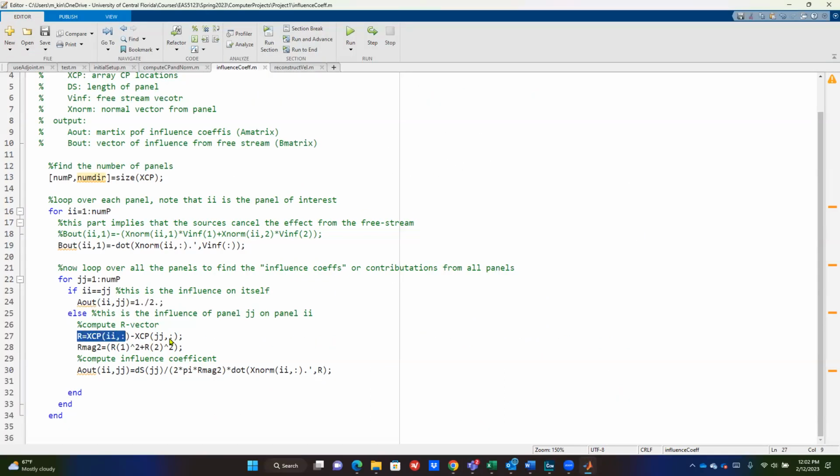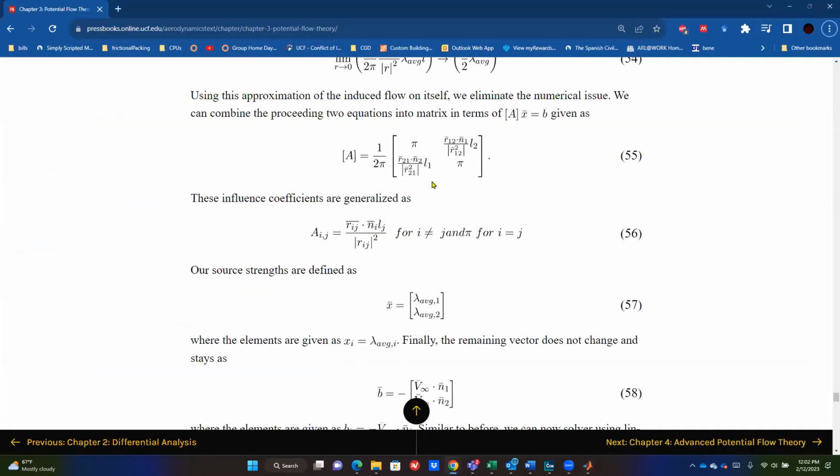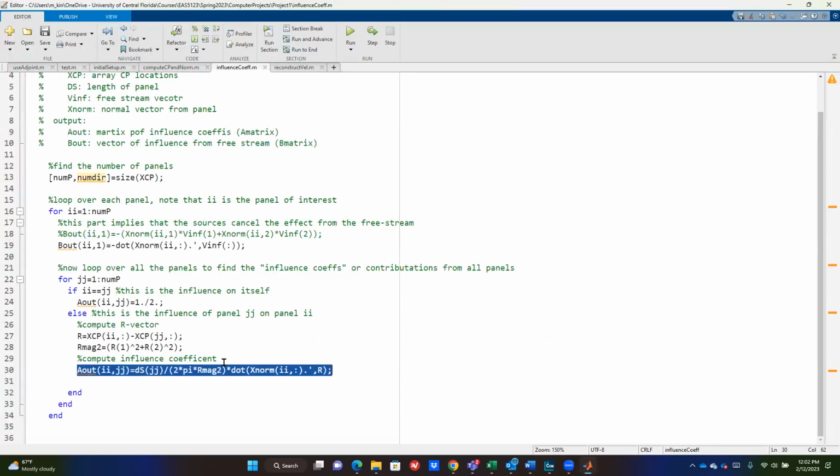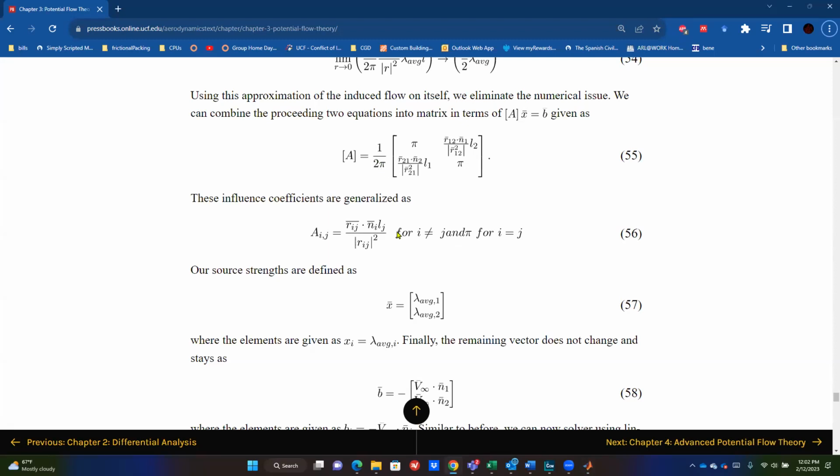And then this term here is the size times the dot product of the radius between points 2 and 1 and the normal vector 2 divided by radius magnitude. So you can see this length, the dot product, and 2 pi radius magnitude. So here's where that 2 pi comes in.